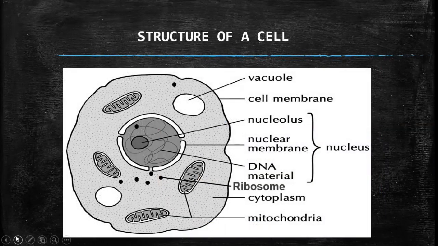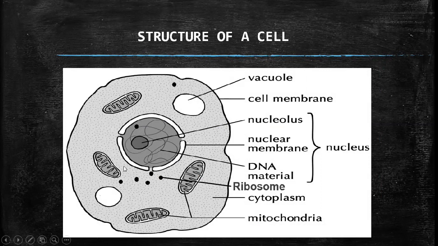Now, looking at the structure of a cell, you all know these other structures, your vacuole, your cell membrane. We studied those in grade 10. What is important for you to know here is this part here, the nucleus. It's very important for you guys to know the nucleus, especially when we talk about DNA.